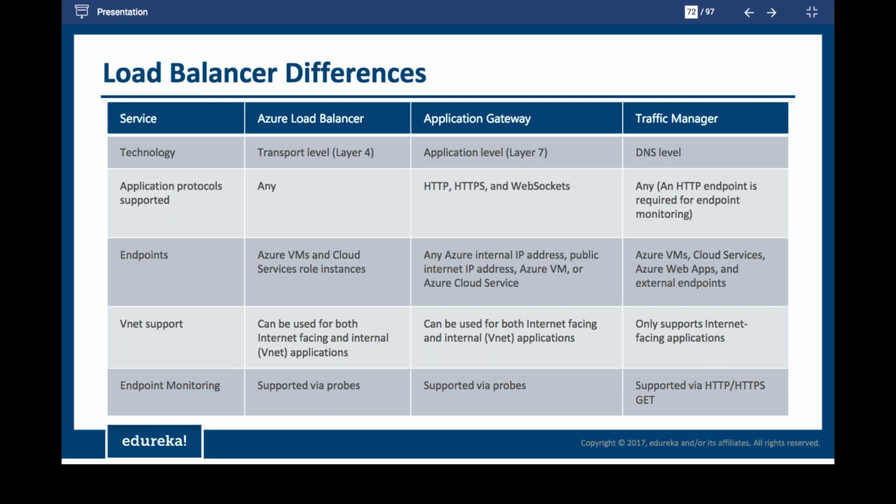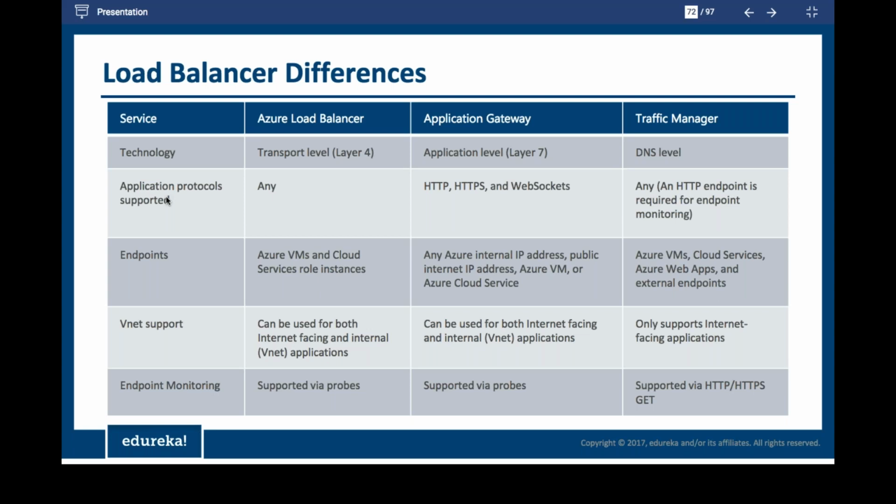The application protocols supported can be anything on the Azure load balancer, and the same for Traffic Manager, whereas in application gateway you have only HTTP, HTTPS and WebSockets. David, yes, you can also use application gateway with a load balancer. For endpoints, you will be using Azure VMs and cloud service roles for the load balancer.